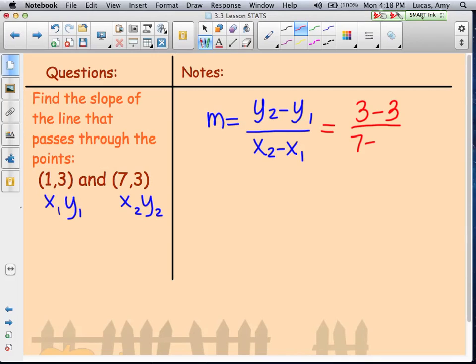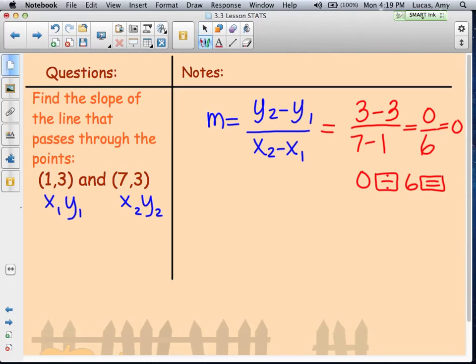X2 is 7, minus 1. 3 minus 3 is 0. 0 divided by 6. If you're a little shaky about dividing with zeros, I suggest you plug this in a calculator. So you're going to put in 0, then the division key, and then 6 equals, and it is going to tell you that this equals 0. So this slope is 0.